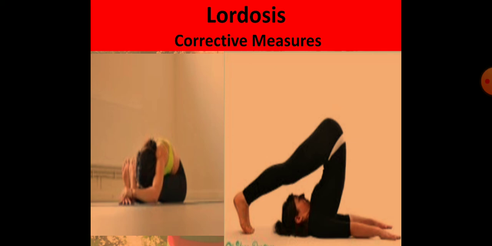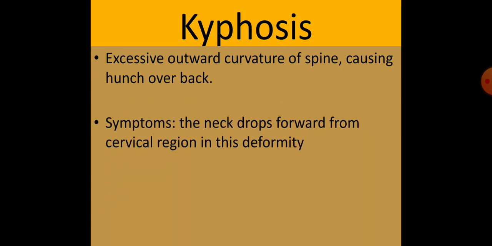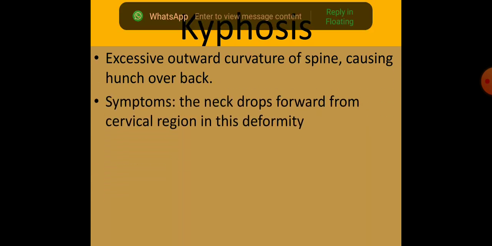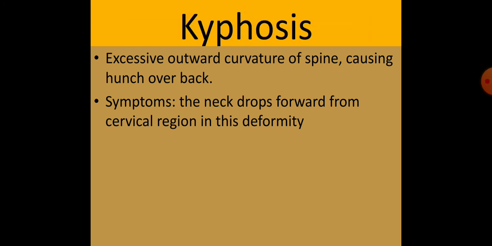We will move to the next one. It is kyphosis. Kyphosis is a postural deformity. This is excessive outward curvature of the spine causing a hunch over the back.